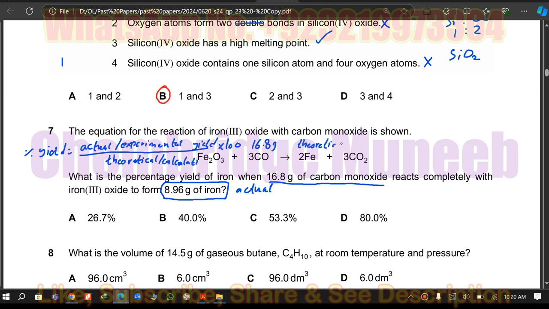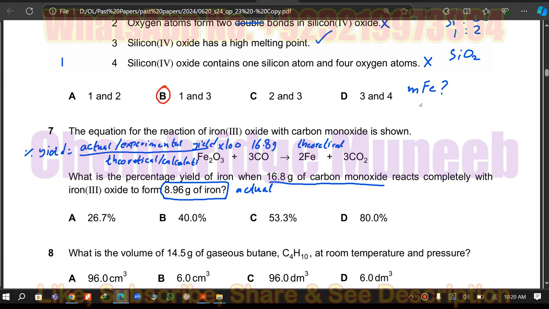So that's what we have to find in this question. Okay, now how can we find this? Here we are given the mass of the carbon monoxide. So with this mass of carbon monoxide, we can work this equation backward. For example, here we need to find how much mass of iron is produced. Mass of Fe is unknown.